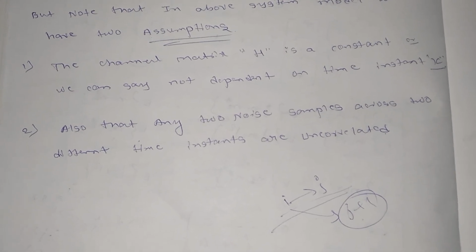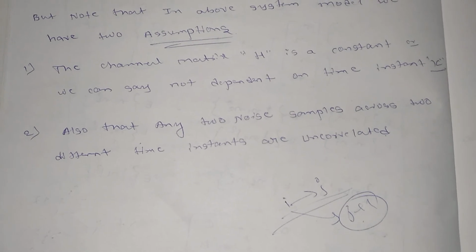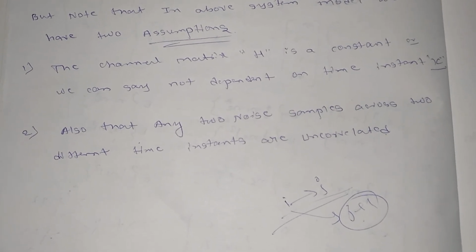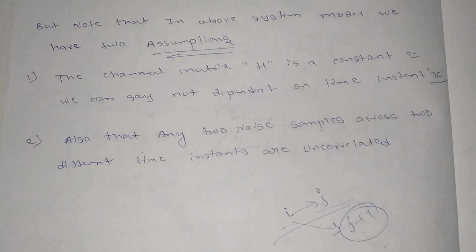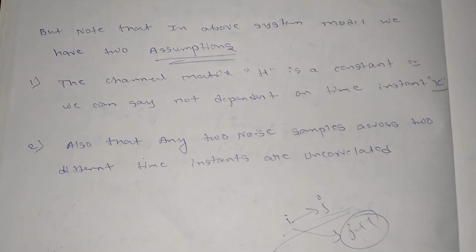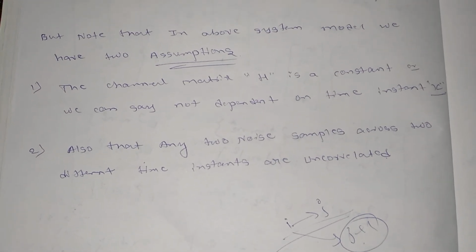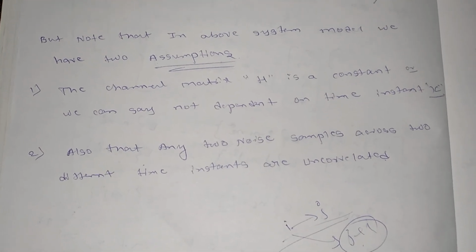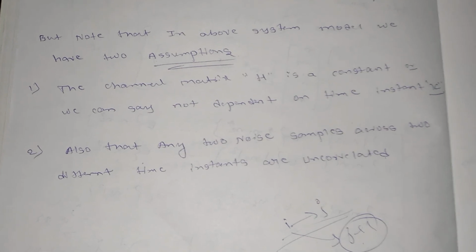But that is also not practically true. Sometimes they may share the correlation, so at that time we may get problems at the receiver, right? To avoid those things, we will be developing systems with different models here, like MIMO zero forcing receiver, MMSE receiver, V-BLAST, rake receiver. All those things we'll be covering in upcoming videos, right?